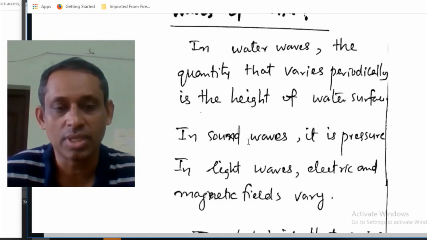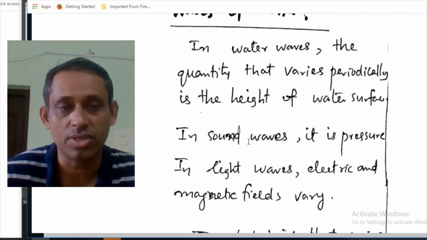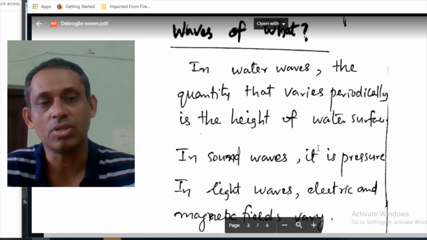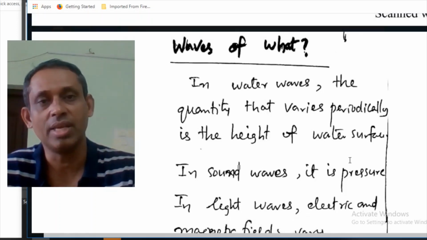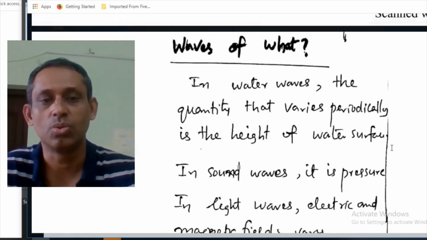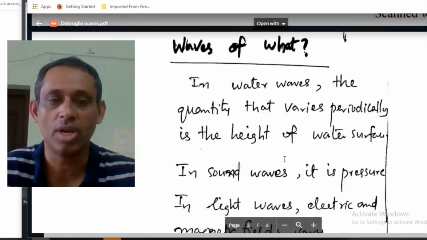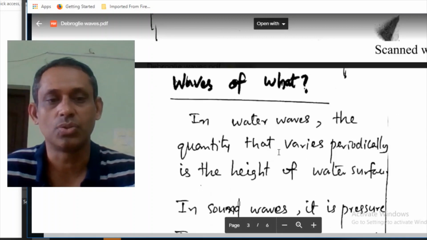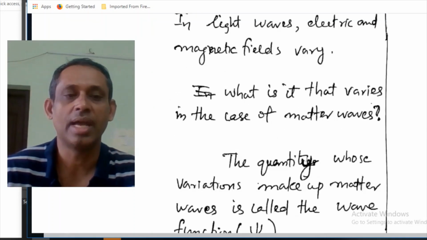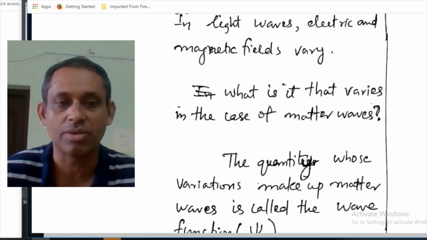In light waves, the electric and magnetic fields vary. So when we talk about a wave, there is some quantity that varies in space and time. So in matter waves, in de Broglie waves, what is varying? That is the question.